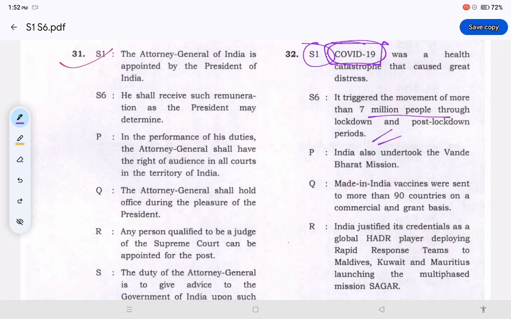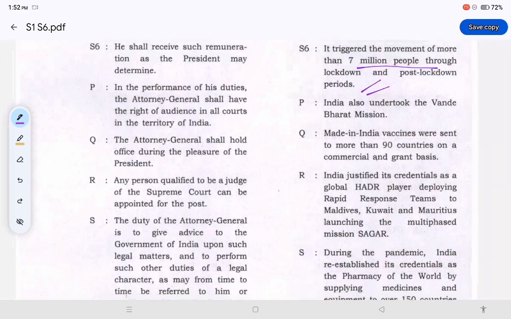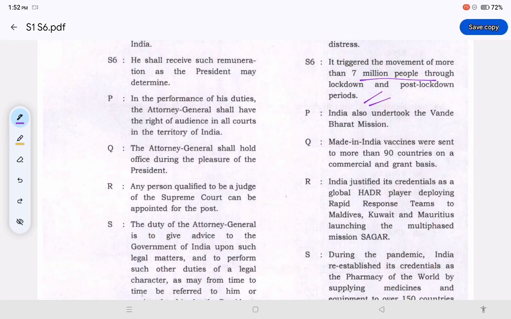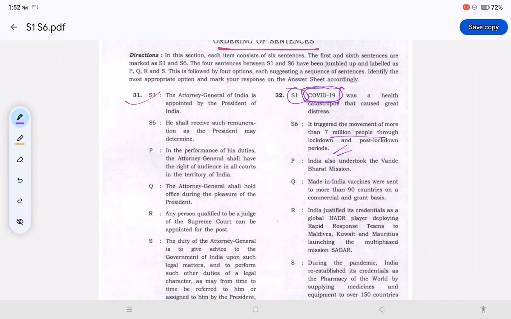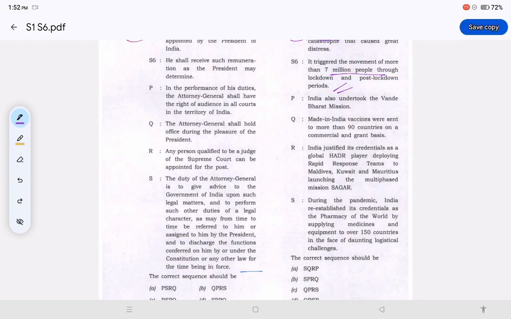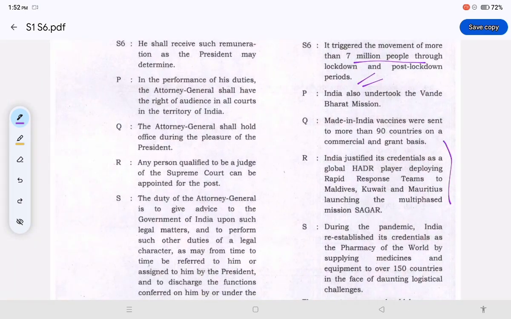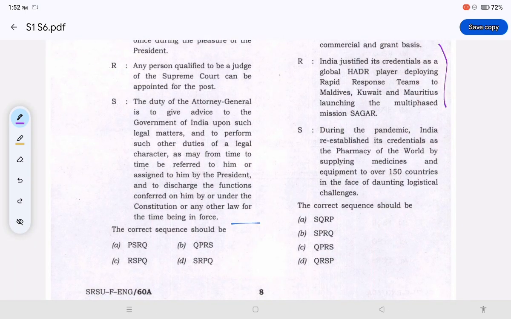So this is giving a closure, how things turned out. Now we will have to find out something which elaborates number 1, that is, COVID-19 was a health catastrophe that caused great distress. Now a very simple option for us would be to look into all the sentences first.